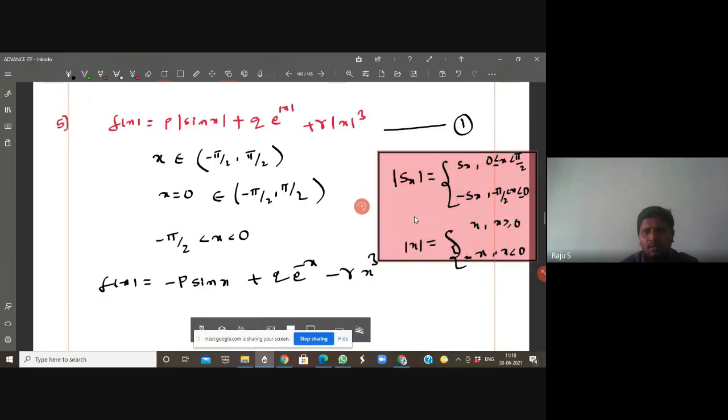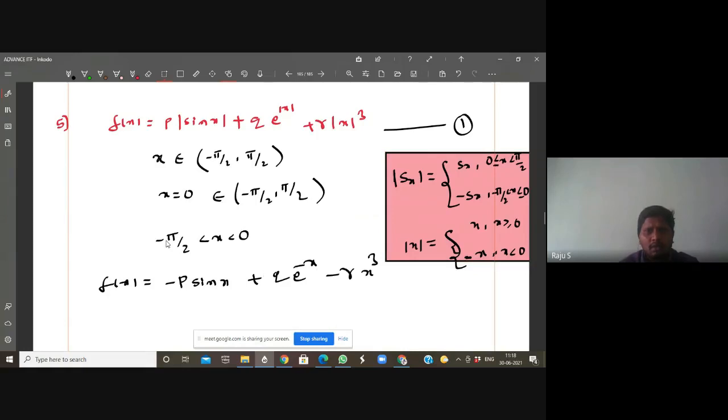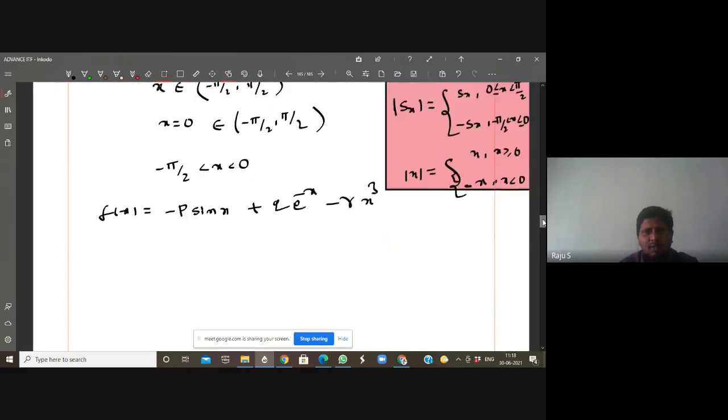When x is negative, I have written it like this. Now you can find the derivative. What is f dash of x here? Minus p cos x minus q e to the power of minus x, because the derivative of e power minus x is minus e power minus x. Here clearly minus 3r x square.